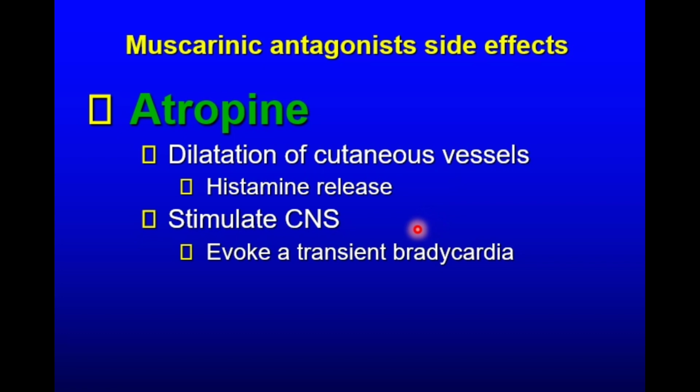In therapeutic doses, atropine stimulates the medullary vagal center to evoke a transient bradycardia. This precedes the tachycardia due to occupation of myocardial muscarinic receptors by atropine. That's why it's called a transient action.